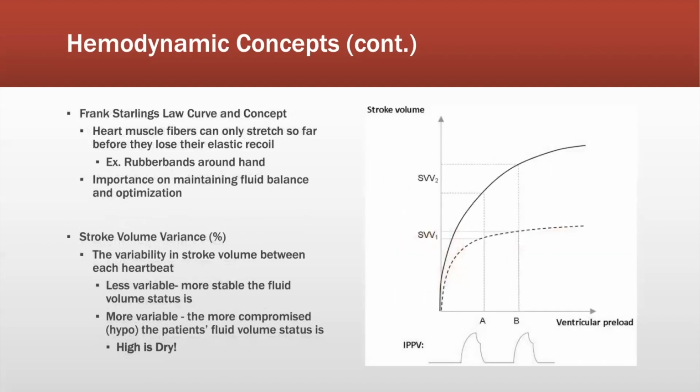All right, another thing I want you guys to know is the Frank-Starling law, curve, and concept. Over here on the right side is our Frank-Starling law curve. Essentially, the heart muscle fibers can only stretch so far before they lose their elastic recoil. I want you to put your hands together and interlace all your fingers. Imagine that across your hands you have a whole bunch of rubber bands.